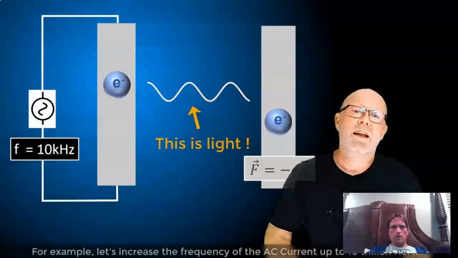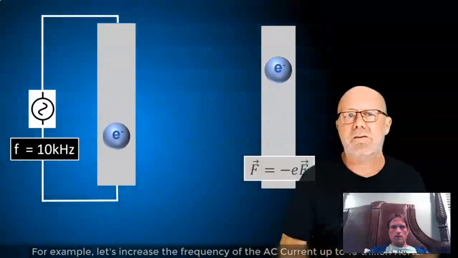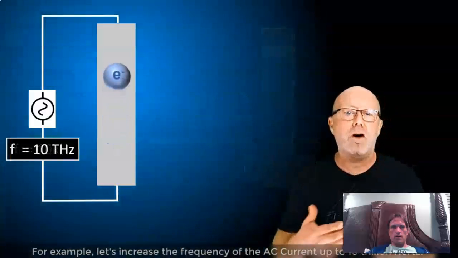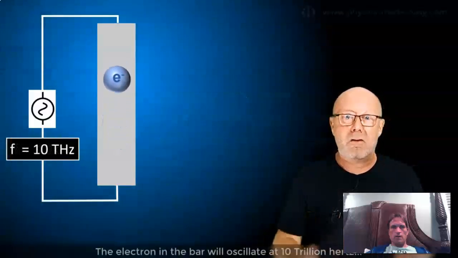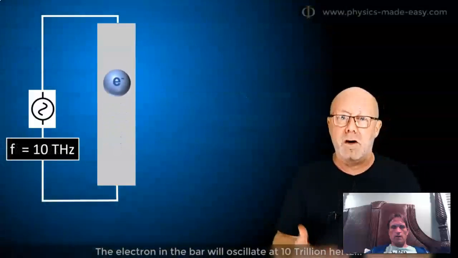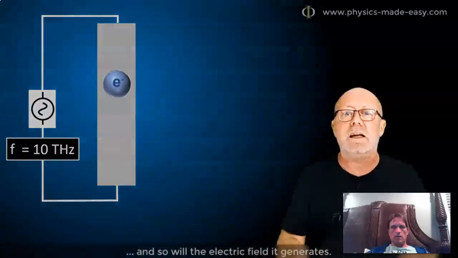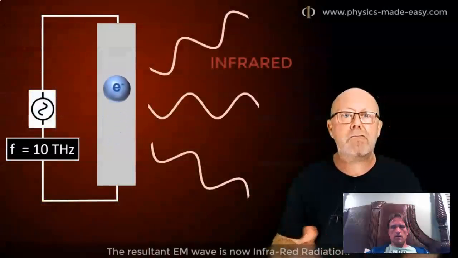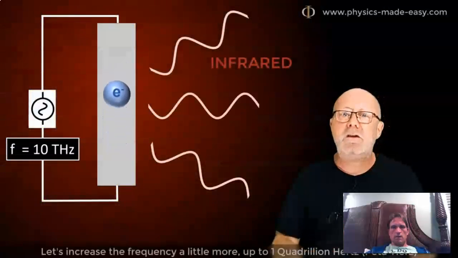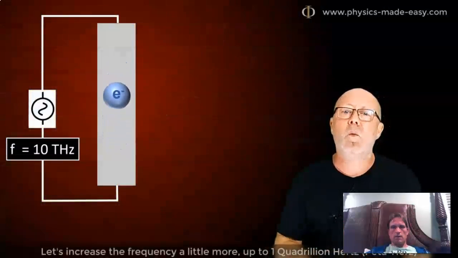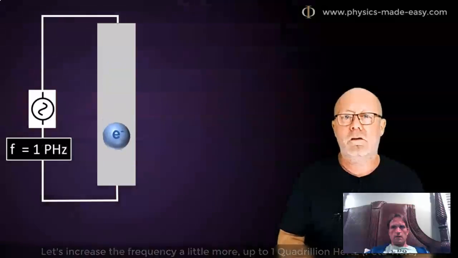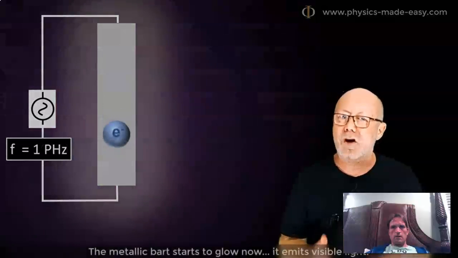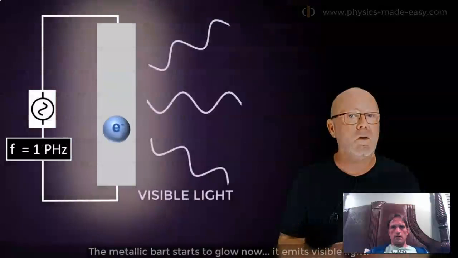For example, let's increase the frequency of the alternative current up to 10 trillion Hertz. The electron in the bar will oscillate at 10 trillion Hertz, and so will the electric field it generates. The resultant EM wave is now infrared radiation. Let's increase the frequency a little more, up to 1 quadrillion Hertz. The metallic bar starts to glow now. It emits visible light.